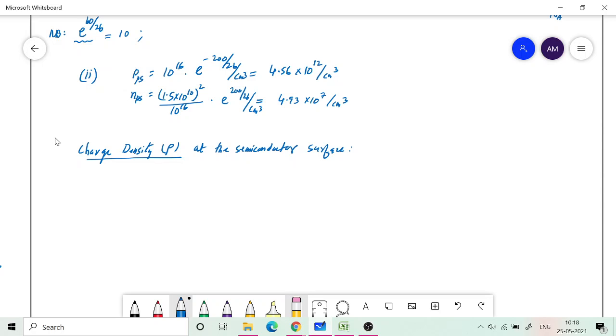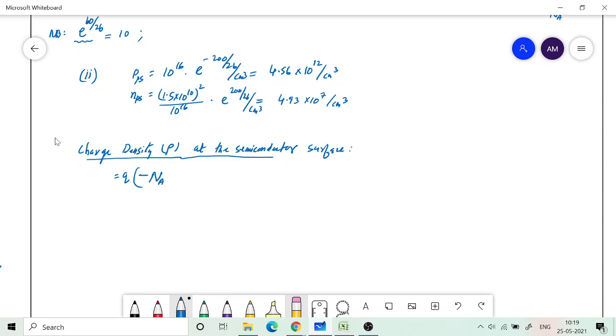What are the contributors to charge? One is the acceptor ions. They have negative charge. Per centimeter cube, everything is multiplied by Q. Na is the number density. Since they are acceptor ions, I am putting a negative charge.